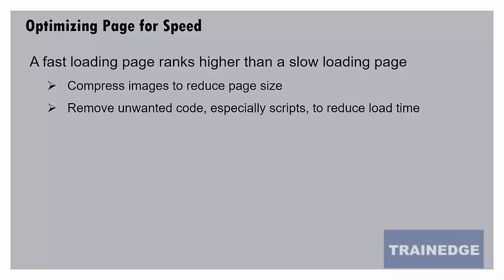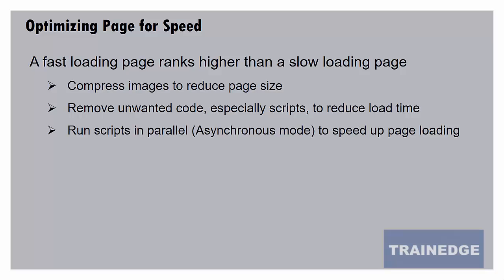We keep on adding code, tags, etc. to the pages, and over a period of time, a lot of that becomes irrelevant and is not being used, but is still sitting there. We should keep cleaning the unwanted code in order to reduce the page size and also to reduce the execution time needed to load the page. Wherever possible, scripts should be run in parallel so they finish faster.